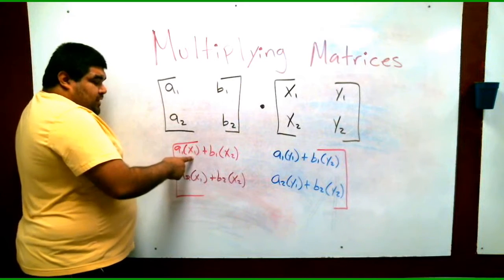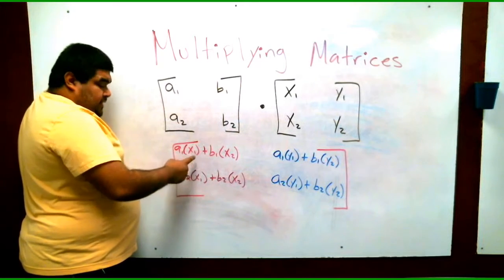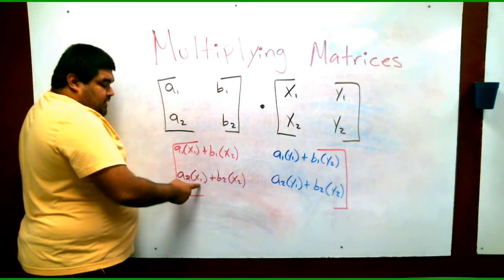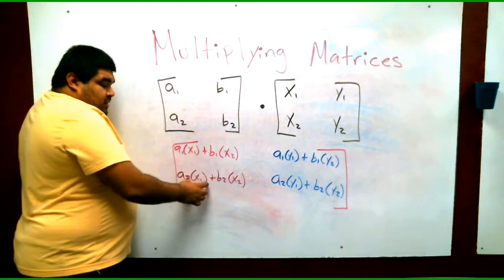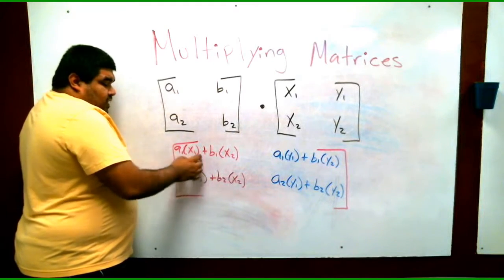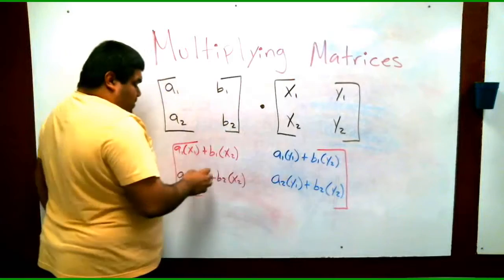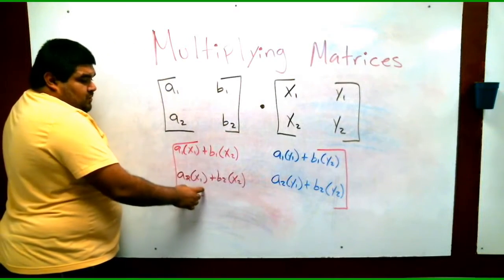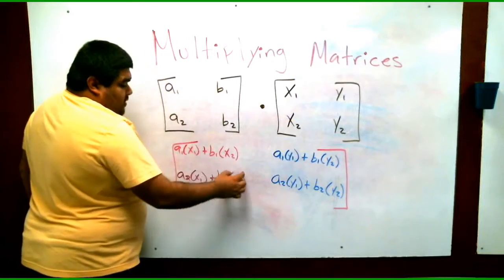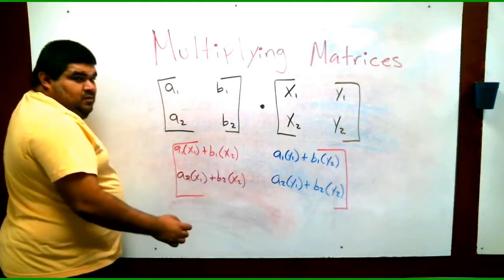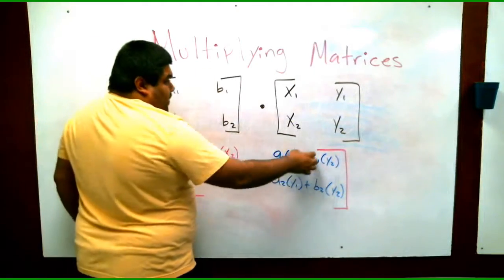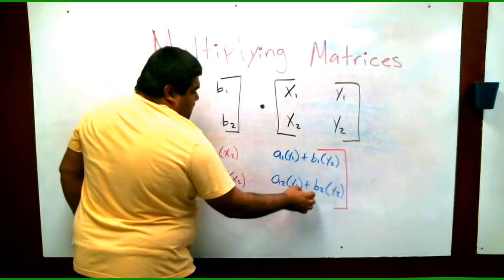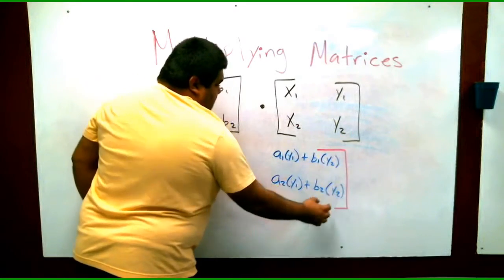Therefore, you have A1 times x1, and then A2 times x1. Notice that the x1 doesn't change. You still have x1 on both. Then you have x2 on both of the numbers here. The same on the other one. You have y1 on both, y2 on both.